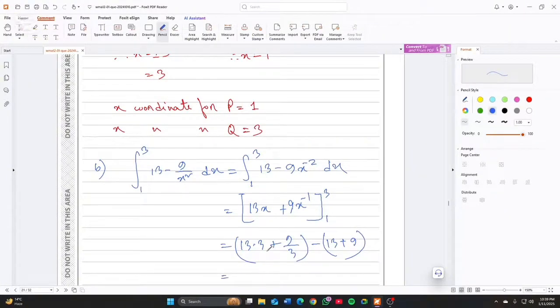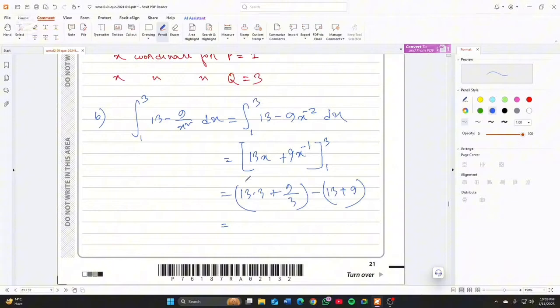This gives us what? 13 times 3 is 39. 39 plus 3 3s are 9, so 3, and minus 13 plus 9 is 22. So just calculate 39 plus 3 minus 22, which gives us the value 20. So 20 units, right? Unit square.